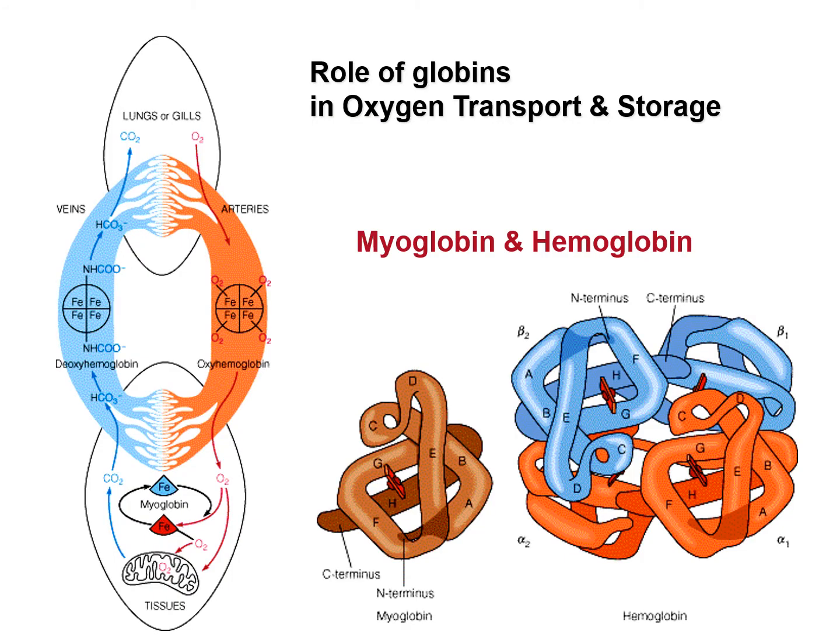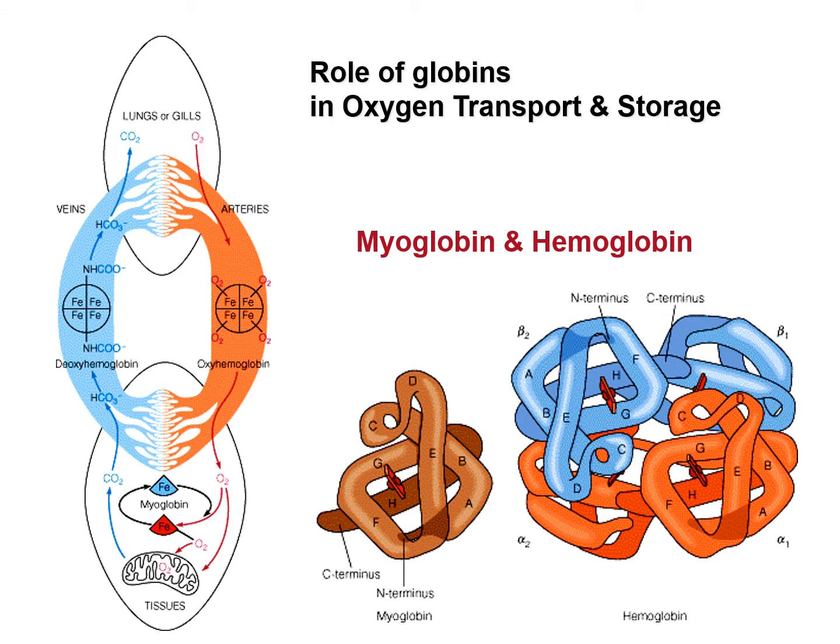The globins have a critical role in oxygen transport and storage within an organism, and there are majorly two different types. One is myoglobin and the other is hemoglobin. They have a similar shape here, as you can see, when you focus on one subunit of hemoglobin and compare that to the myoglobin too. But of course, hemoglobin has four subunits, two alpha and two beta, which form the quaternary structure here.